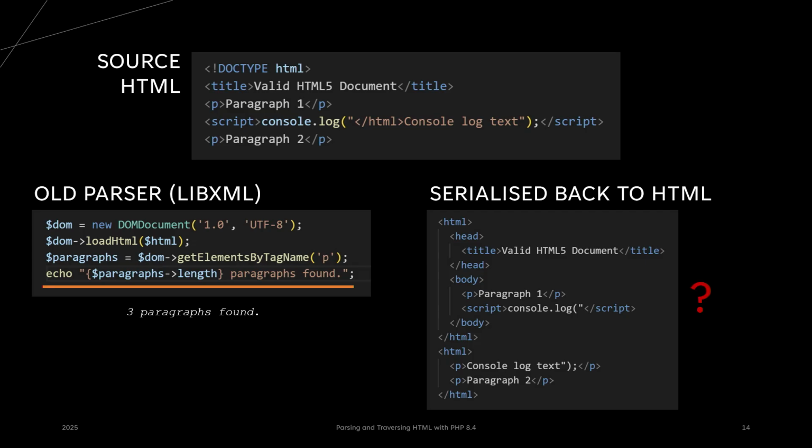So the problem is, as you can see here, we've serialized it back to HTML, and it should look close to the source HTML. We should have one document with 2 paragraphs, a script element, a title element. But instead, let's have a look, we've got 3 paragraphs. And you can see at the bottom, a whole new HTML section has been created.